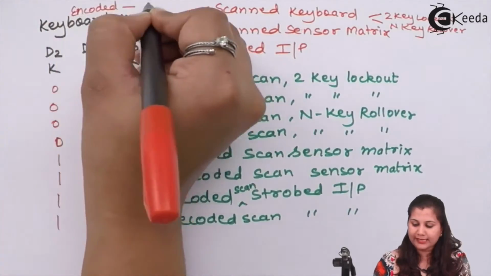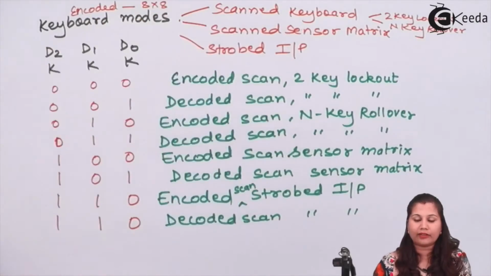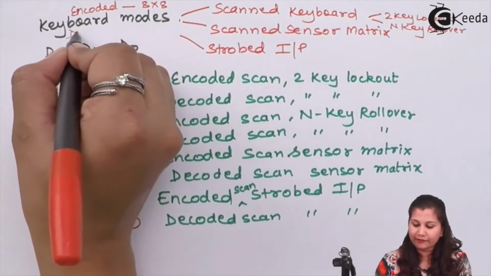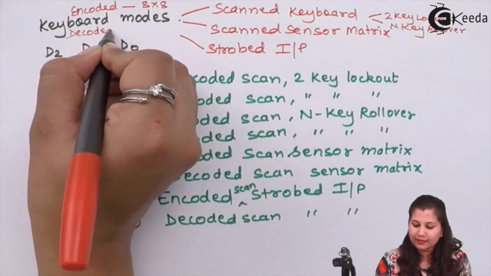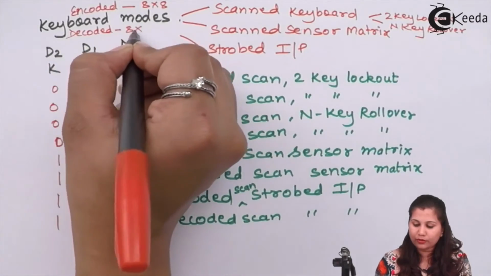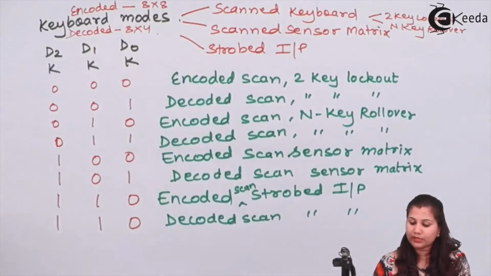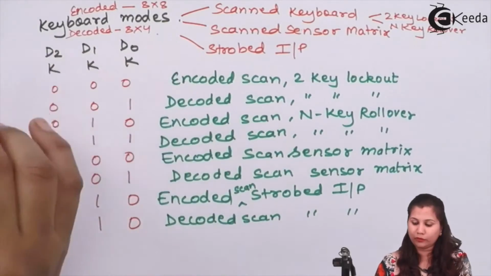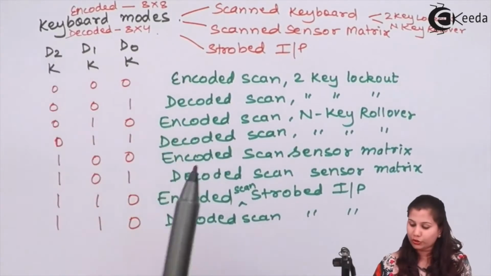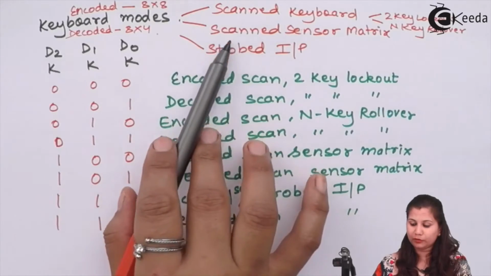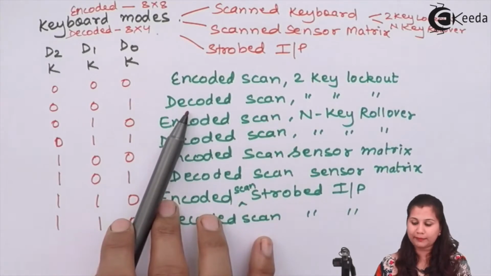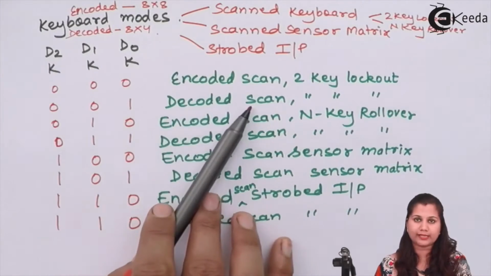Whereas in the decoded, we will have the size as 8 cross 4. Okay. So the size of the keyboard is different in these 2 modes. So every keyboard mode is divided into 2 types, encoded scan and decoded scan.